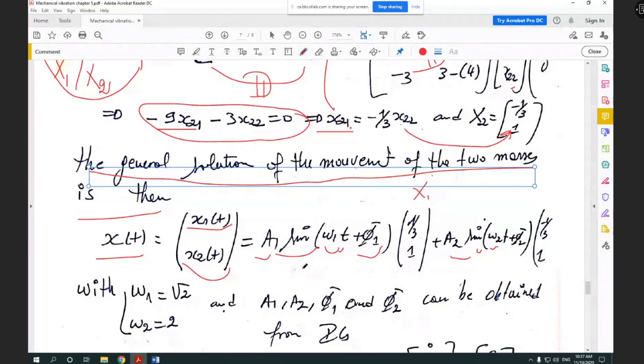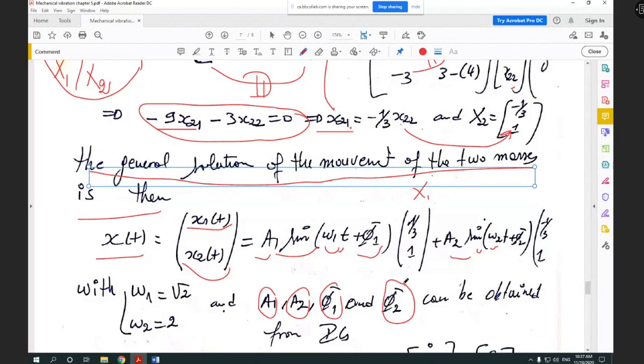Okay, what remains now? What remains is that we have to evaluate the constants of the solution, meaning a1, a2, phi 1 and phi 2.